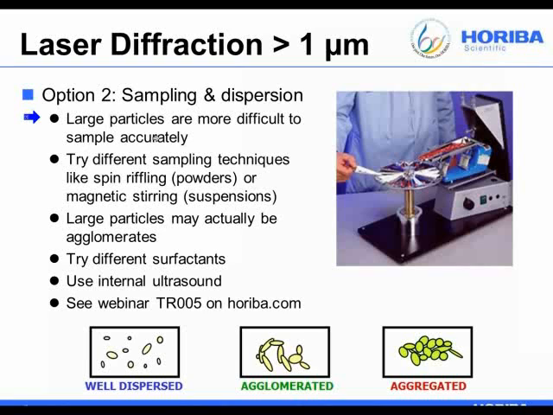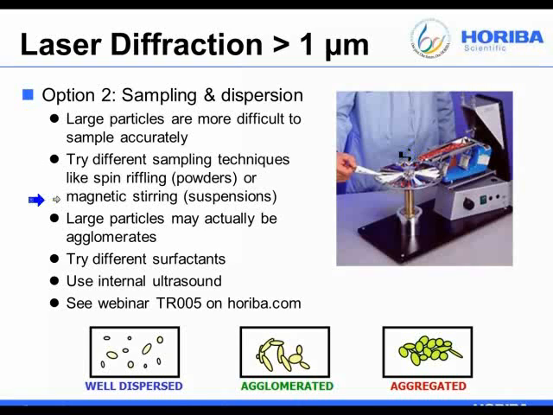The best sampling technique we know of for powders is spinning riffling, and that's where you have some powder on a chute. The chute vibrates, the powder flows down, and this tray is full of little pie slices, and it's rotating. So the idea is, regardless of whether the largest particles come off the chute first or the smallest particles, because the pie slices are rotating, you're always going to have a representative amount.